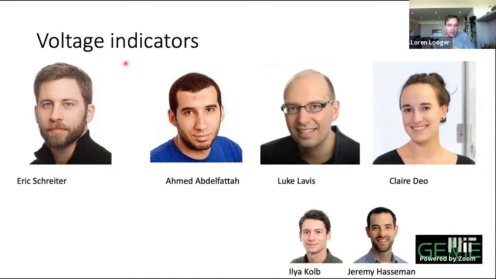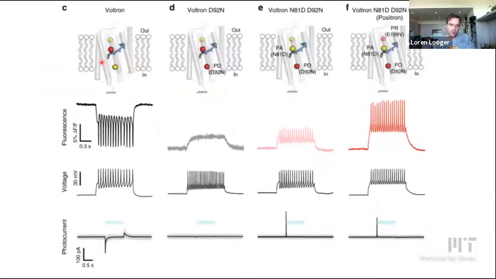So these are the currently best in class voltage indicators. The oldest one that's been out, I think like 3 years, is Voltron, that uses the archaeorhodopsin voltage sensitive fluorescence of the retinal in the membrane.